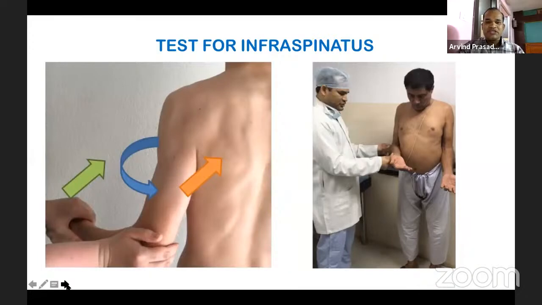In this position, the patient is asked to do the external rotation. At this position, there is no effect of the deltoid over the external rotation, in 90 degrees of abduction and 90 degrees of elbow flexion.